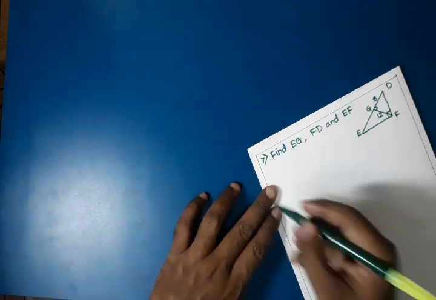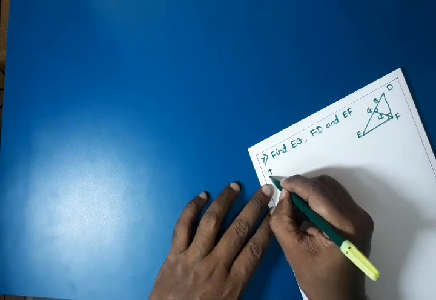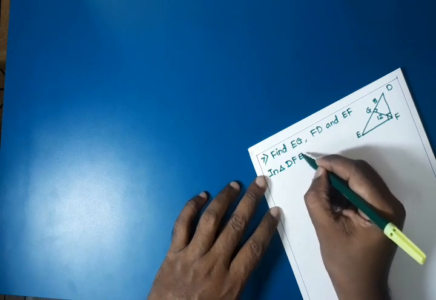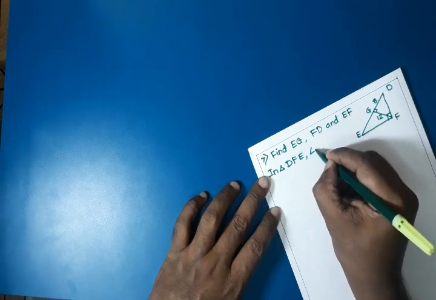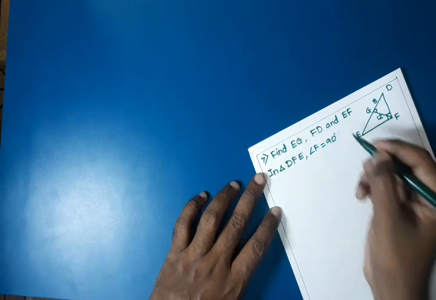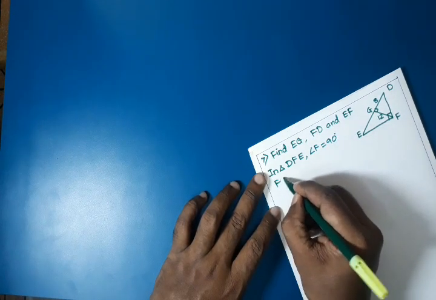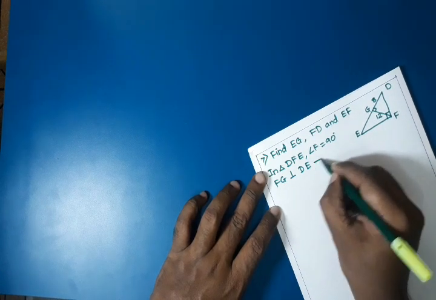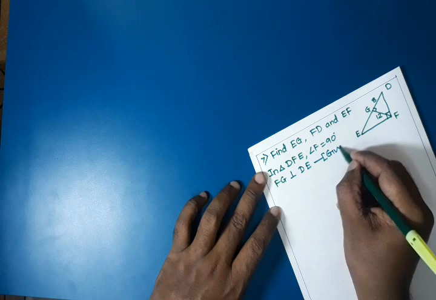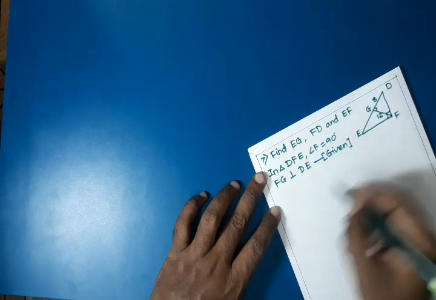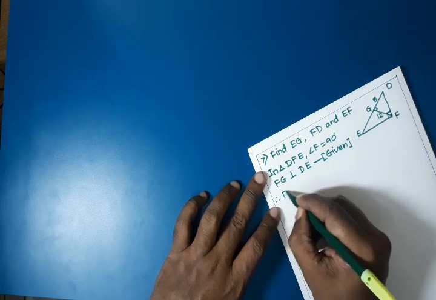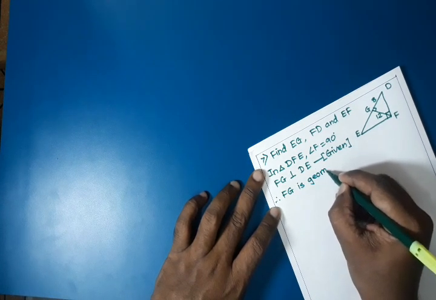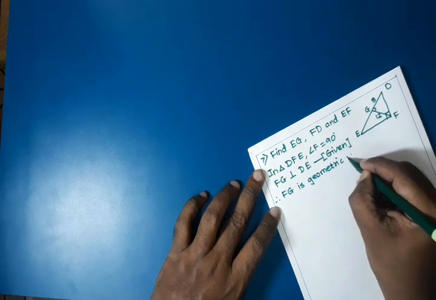I will write here, in triangle DFE, we are given that angle F is equal to 90 degrees and FG is perpendicular to DE. This whole thing is in the given section. So I can write that FG is the geometric mean.